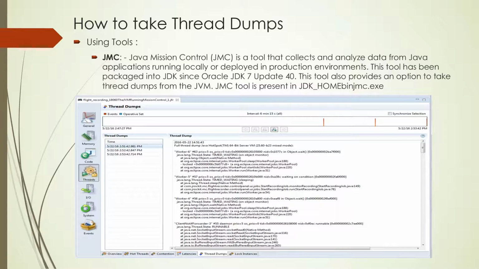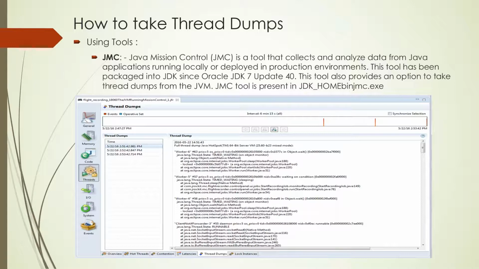Because as you vary this interval, you may be able to get the issue very soon, or it can also be a false alarm. If you have a very small interval for taking a thread dump, let's say 1 to 5 milliseconds, one thread may work on a particular resource for more time than 1 to 5 milliseconds.